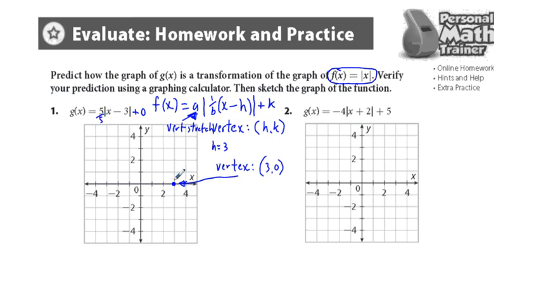So it's like we go up 5, 1, 2, 3, 4, 5, over 1. So I'll go here and put up 5 over 1. And then likewise on the other side.